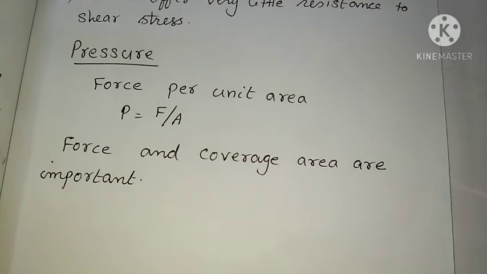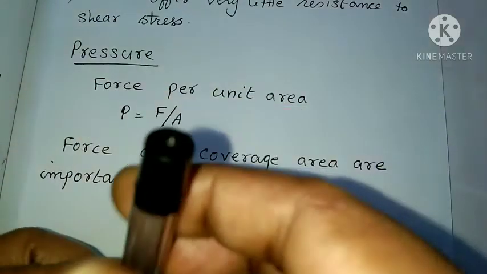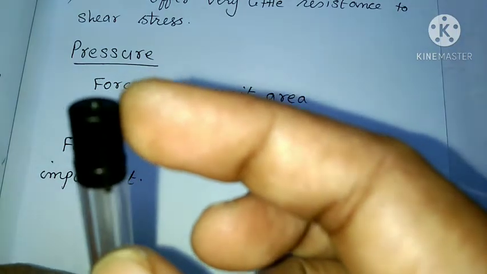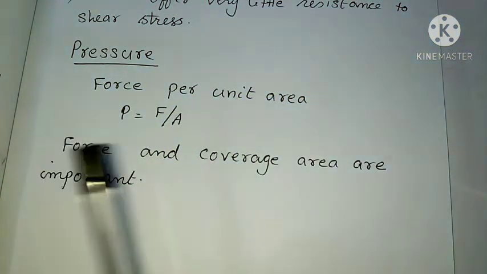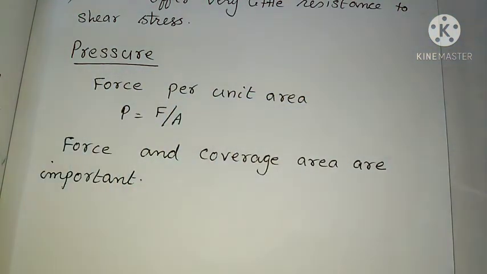In the second case, the area of contact is large, so the pressure is small. So, the pressure is determined by two important things, that is the force and the coverage area.